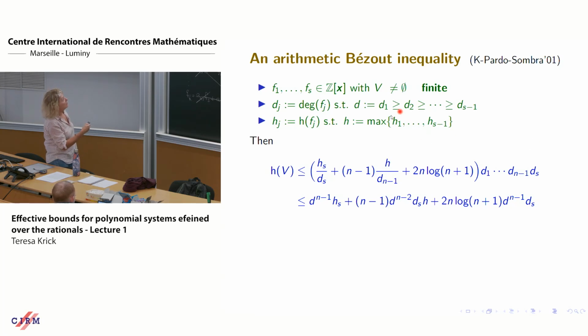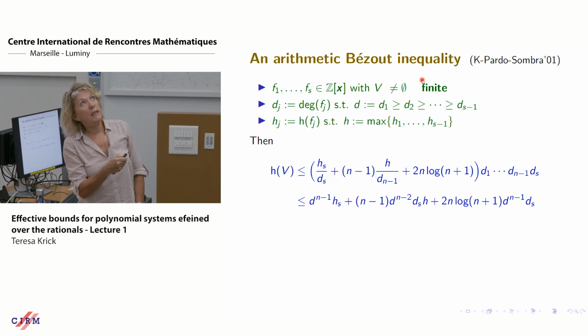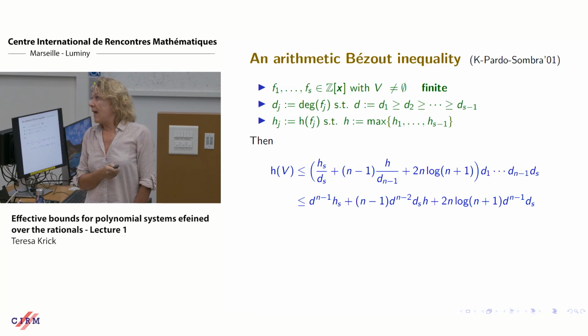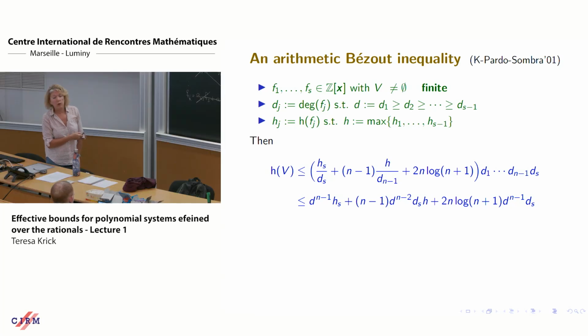So what this arithmetic Bézout inequality says is that the height of the variety is bounded by exactly this quantity. Another thing I want to say is I'm never using the notation O or O tilde, because I want to show that the constants we obtain are very neat. In this case, we have this constant n minus 1 here and 2n log(n+1) here.